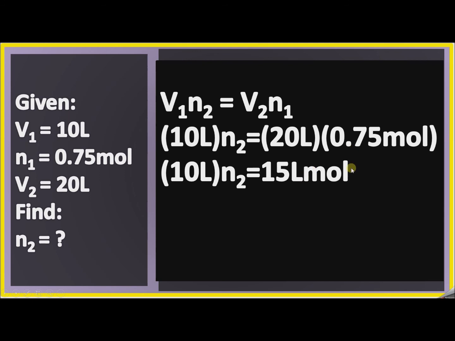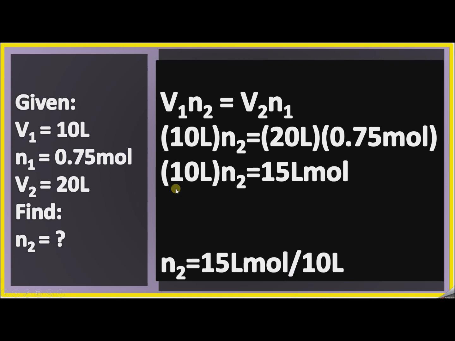Okay? And we have, sa kabila, hindi natin siya i-multiply kasi ang hinahanap natin is n sub 2. Okay? Since, and factor din sila, ano? So, since hinahanap natin n sub 2, wala pa tayong value kasi meron ditong 10 liters, we divide both sides by 10 liters. Divided by 10 liters, divided by 10 liters. So, we cancel out the 10 liters on the left side.